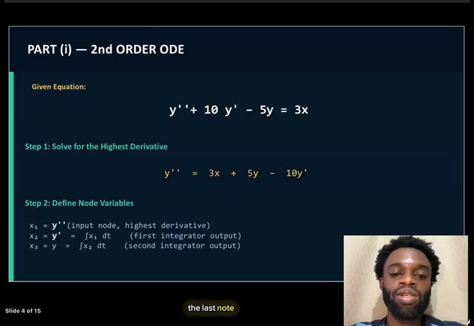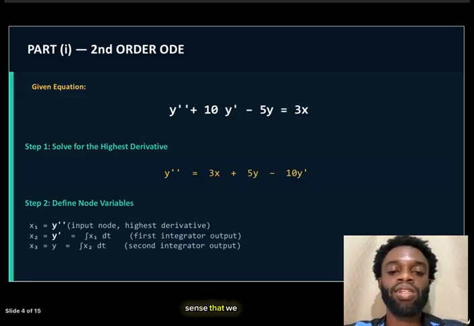The last node is x3, which is equal to y, which is the integral of x2, and our final output. The chain is simple in the sense that we start at y'', integrate once to get y', integrate again to get y.